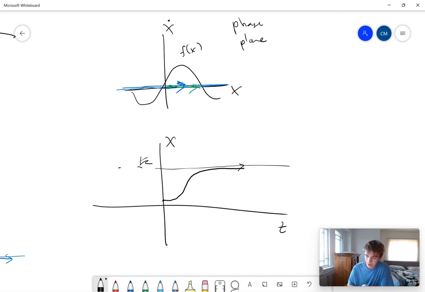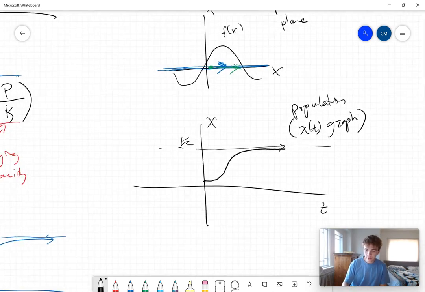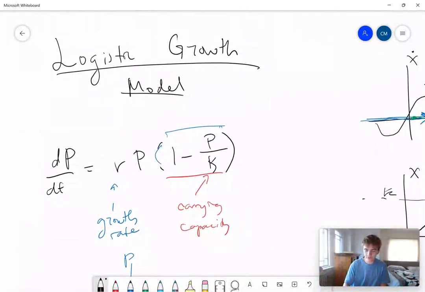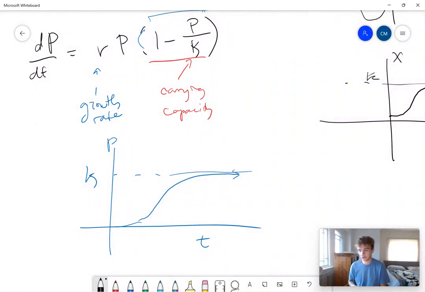Okay. And so this is just population or x of t graph, whatever you're studying. All right. Now, going back to this specific model, the logistic growth model, we can solve this equation explicitly using separation of variables and partial fraction decomposition.